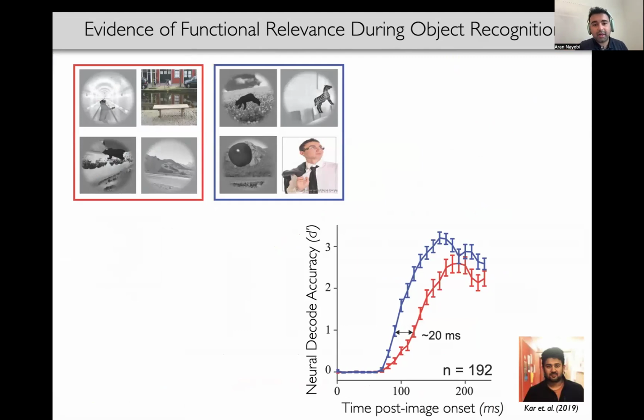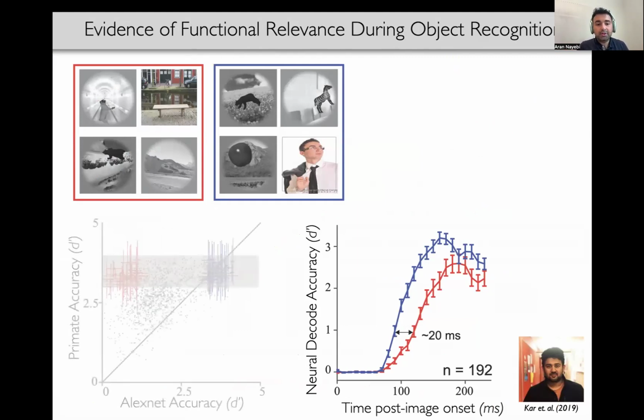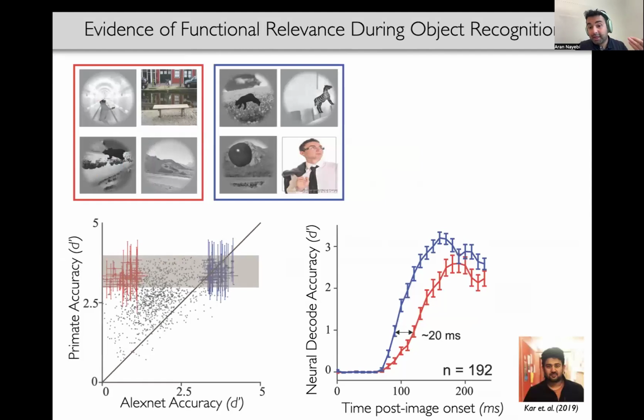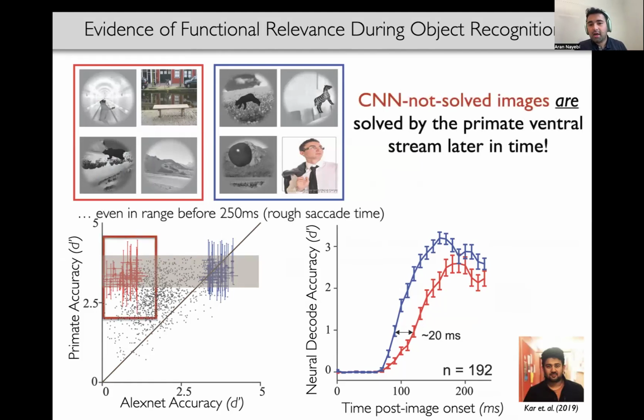So Kar had found that these recurrent connections enable primates to recognize hard images, these red images, which are hard for feed-forward models, but are decoded later in time, actually by IT. So in other words, the CNN-not-solved challenge images are actually solved by the primate ventral stream later in time, by way of recurrent connections.